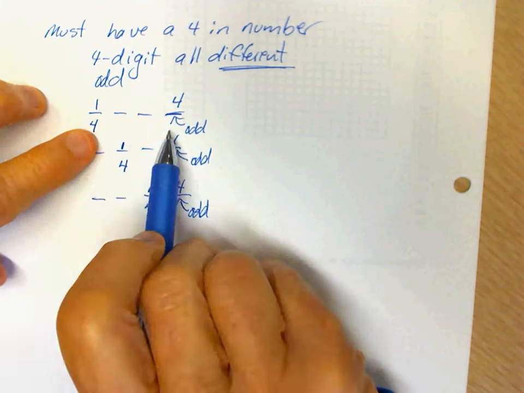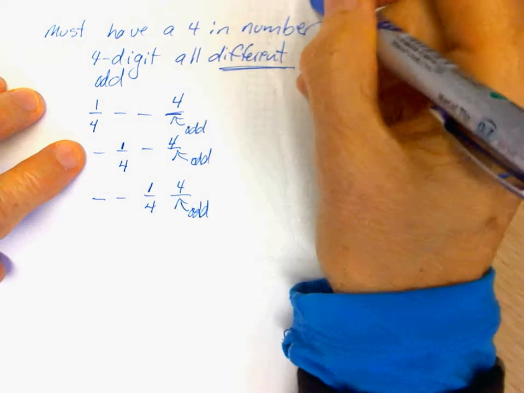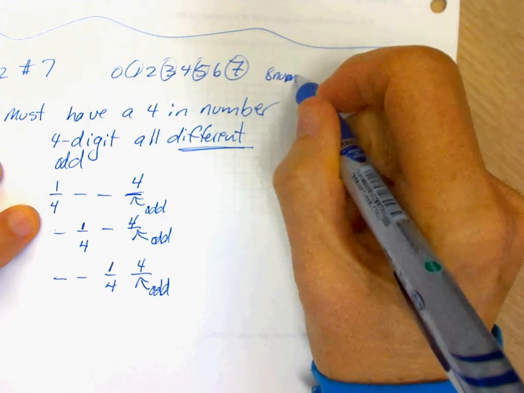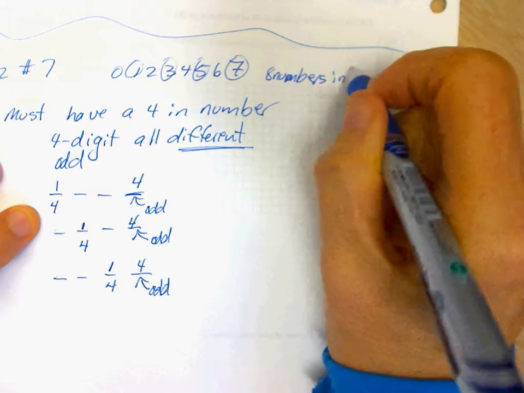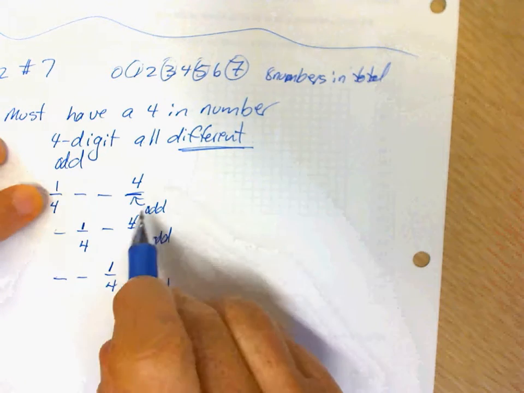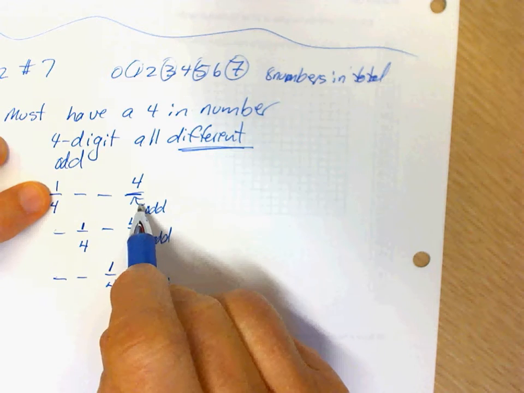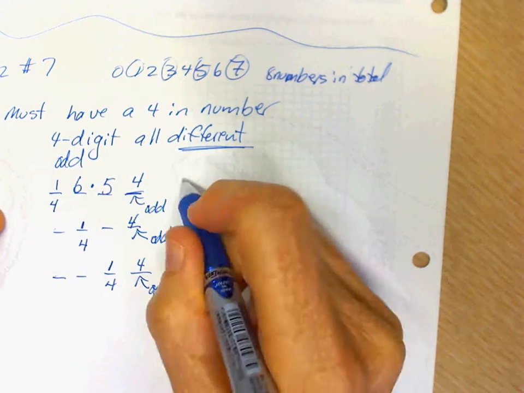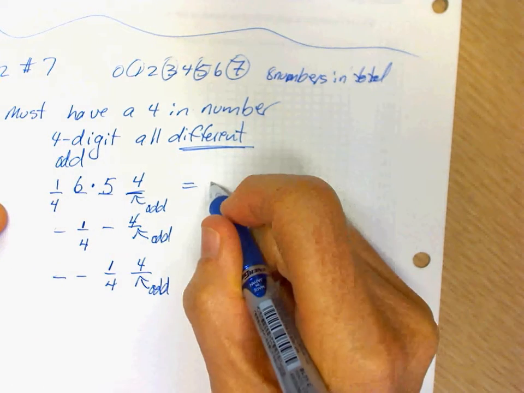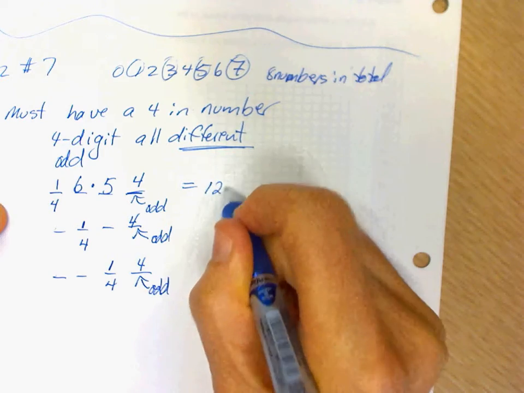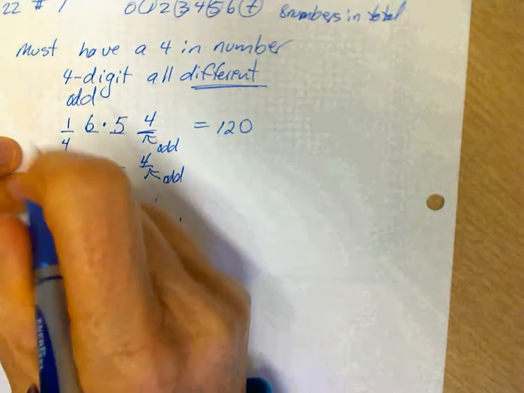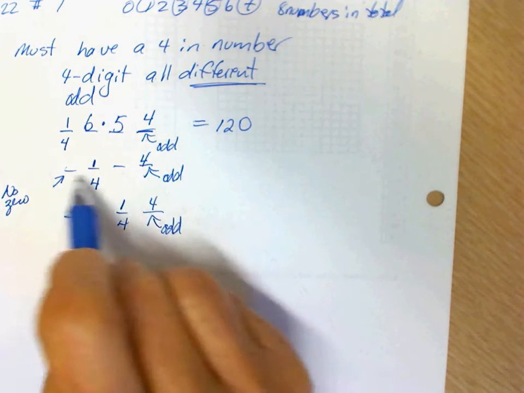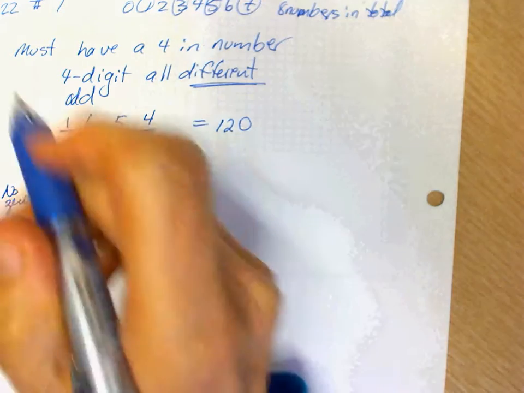So here we have 8 numbers in total to work with. We're down 2 numbers, so 8 minus 2 is 6, and then we're down another number, that's 5. So 4 times 30 equals 120. Now here there's no 0, so that means we're down 3 numbers, so 8 minus 3 is 5.